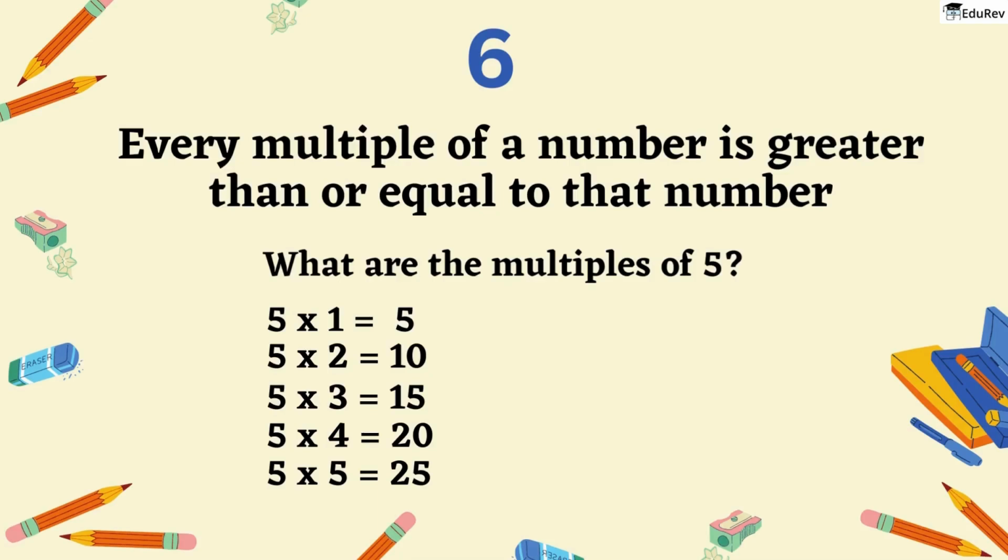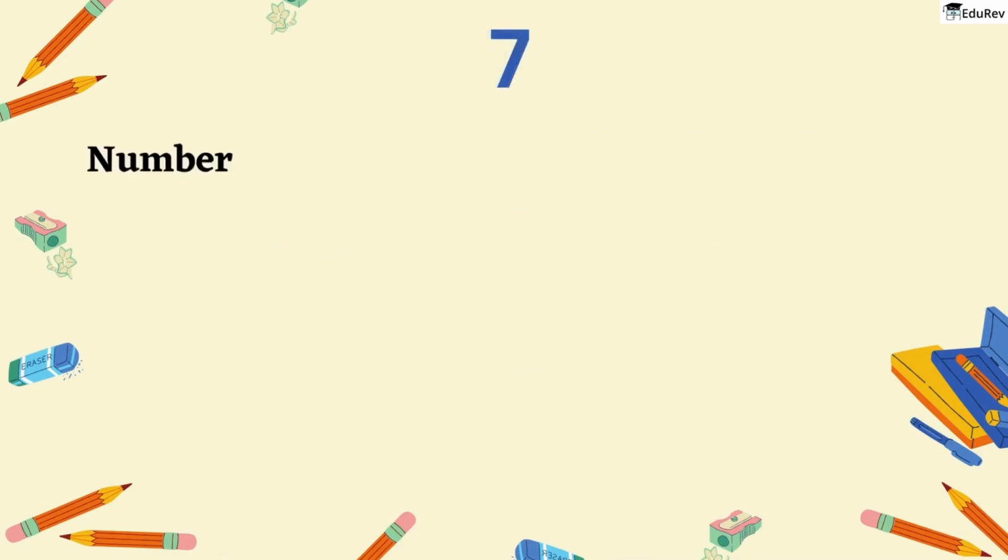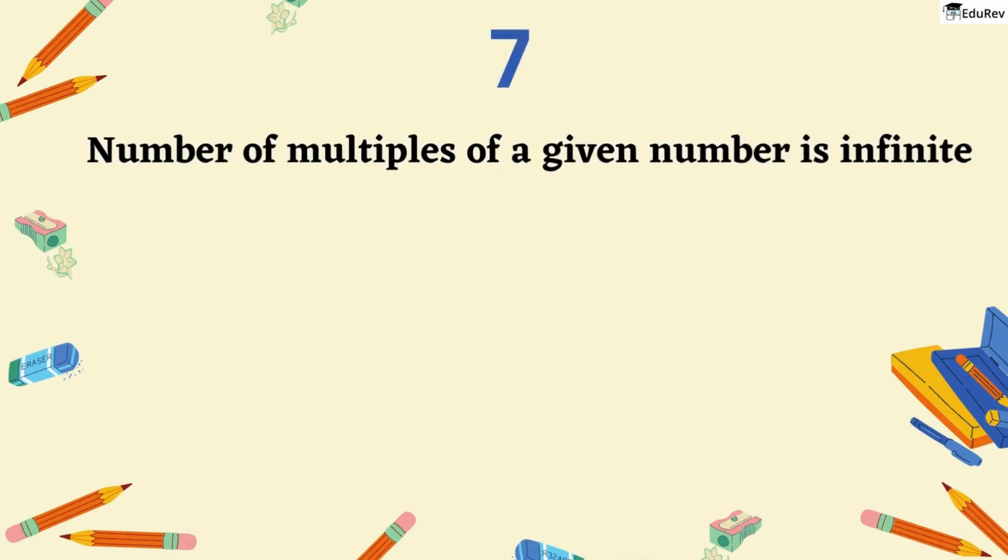Now, what do we observe here? We see that the multiples of 5, which are 5, 10, 15, 20, etc., are the numbers equal to or greater than 5. Next, we say that the number of multiples of a given number is infinite.